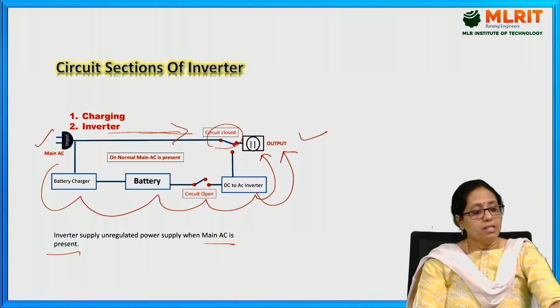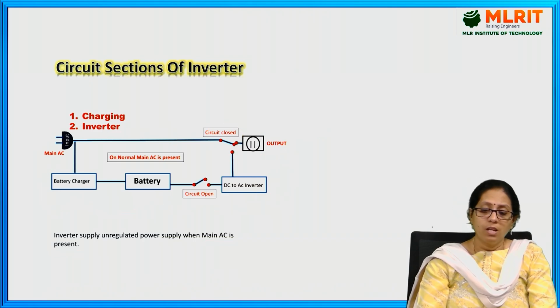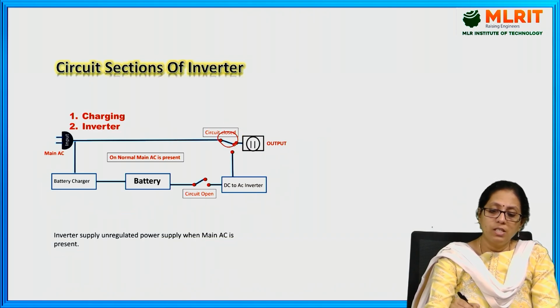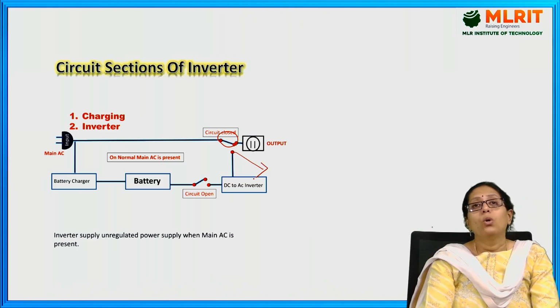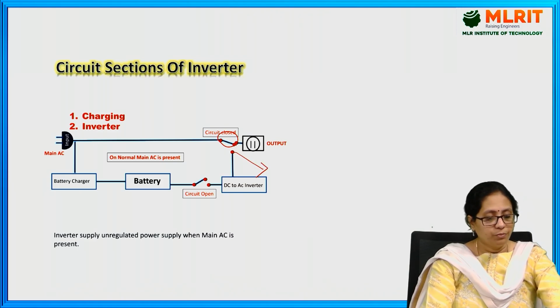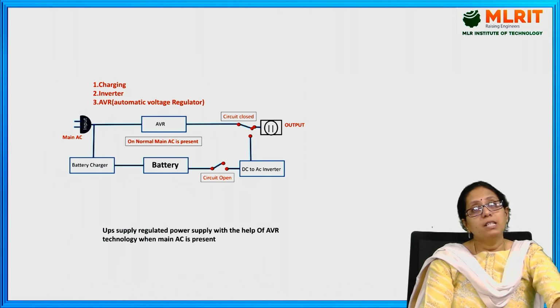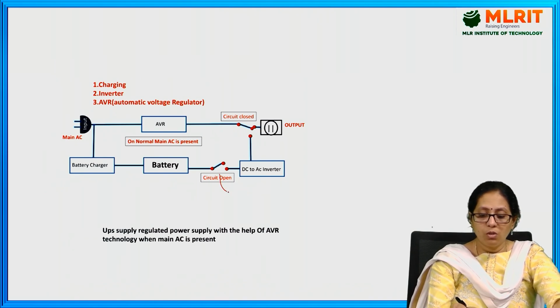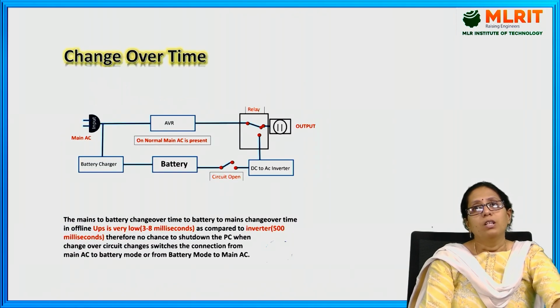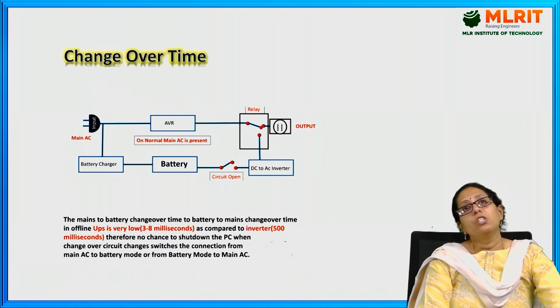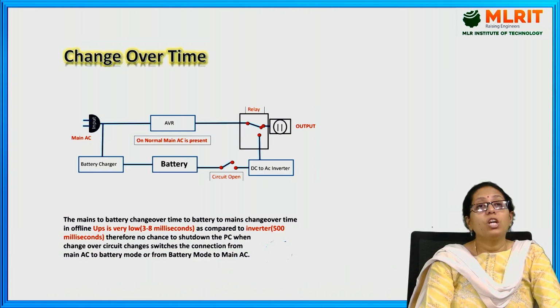Here you can see this switch is in closed condition and this switch is in open condition. And in this picture also, this is in open condition and closed condition. Changeover time. What is this changeover time?